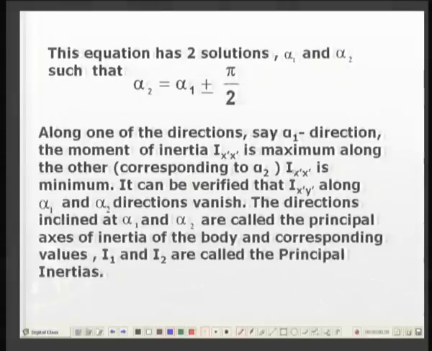And these values of inertia are called the principal inertia, and the corresponding directions or axes along which these happen to be maximum or minimum are called the principal axes or principal directions of inertia. So, for a two-dimensional body, that is a plate-like body with uniform thickness, we can always obtain two directions called the principal axis of inertia.